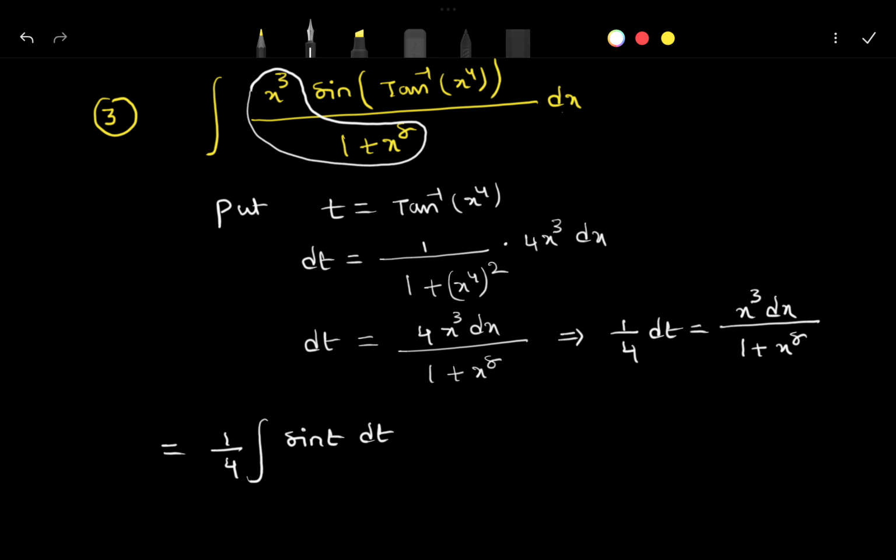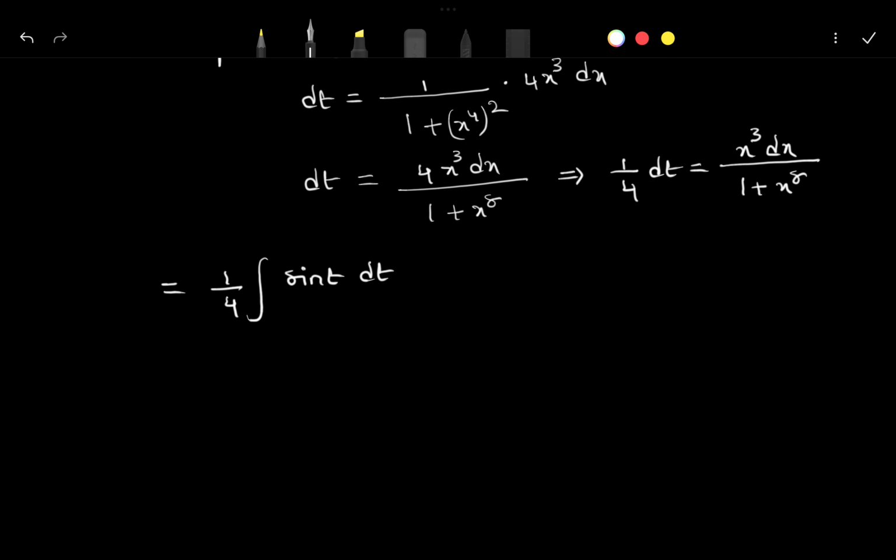What is the integration of sin x? Minus cos x. So this value equals minus 1 by 4 into cos t. But the question is given in terms of x, so this equals minus 1 by 4 into cos of, what is the t value, tan inverse of x to the power of 4, plus c.